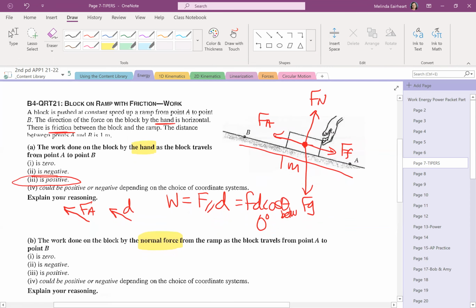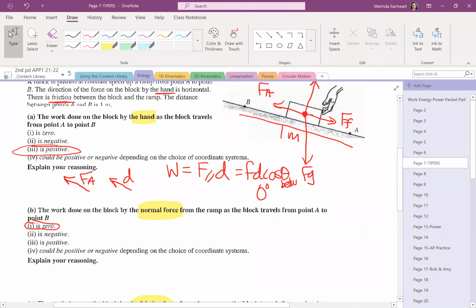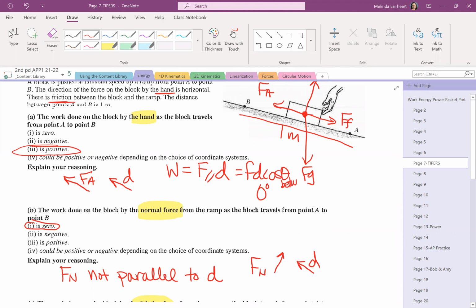What about the normal force? It's 0, why? It's not parallel at all, okay? So Fn is not parallel to the distance traveled, right? Actually, they would be perpendicular when you draw it out, because by definition, Fn has to be perpendicular to the surface that it's moving on.